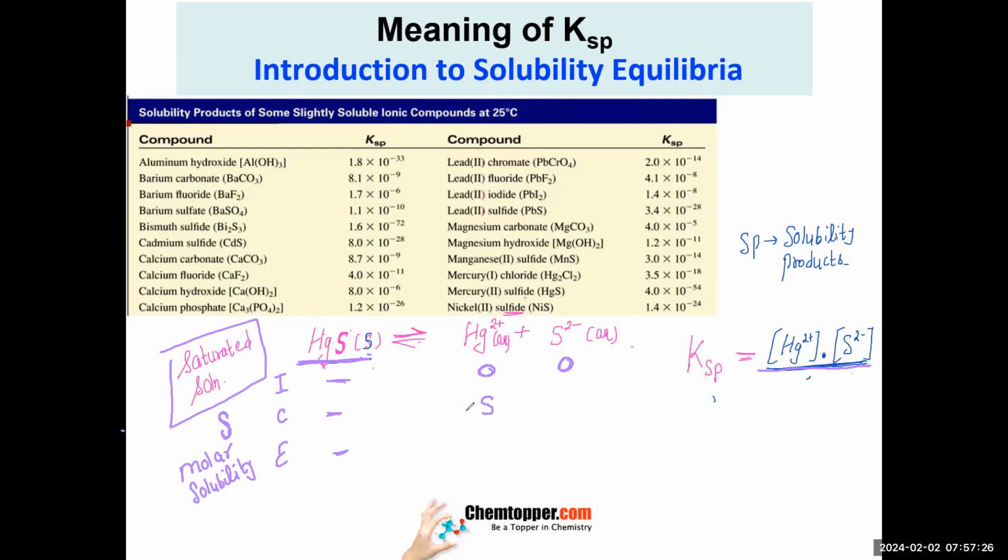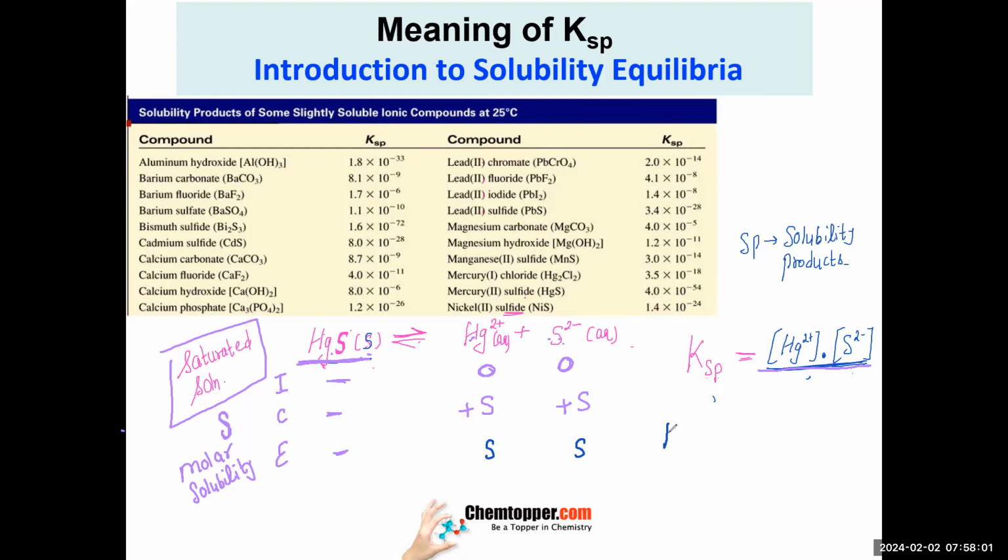Isn't it S? S moles, 1 is to 1 is to 1. Remember earlier we were taking the change as X. Now in place of X, we are taking S. That's it. Meaning is the same. Now at equilibrium, this is 0 plus S, S. This is 0 plus S, S.